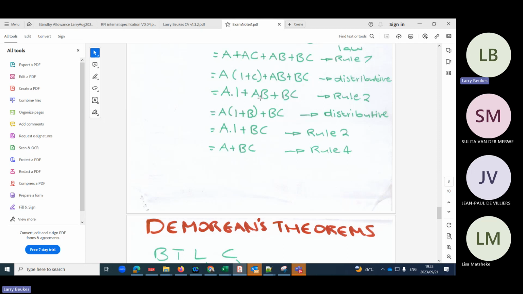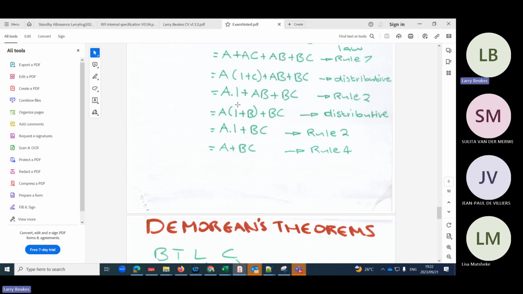Then we have AB, then BC. This BC, you see, we left it here. Then what we did here is that we took A. This is just A, guys, because of the identity law.